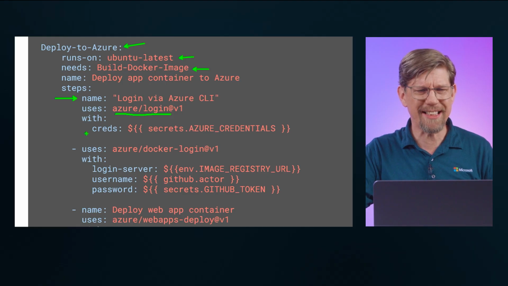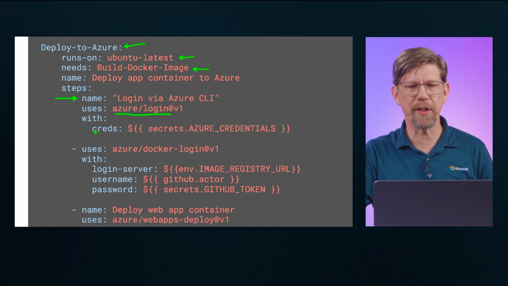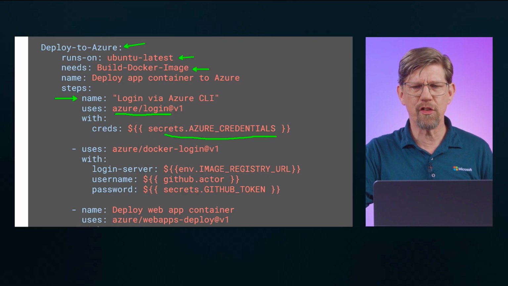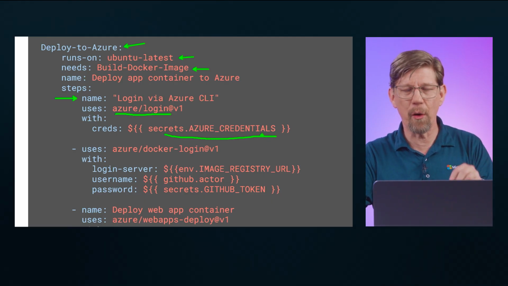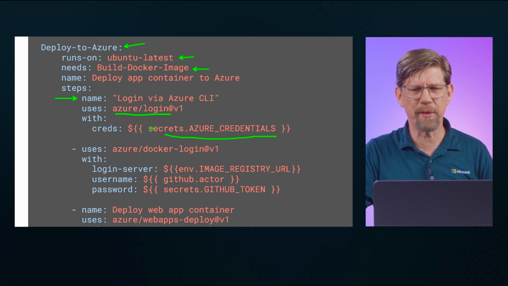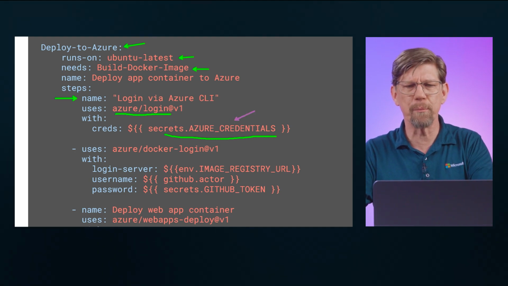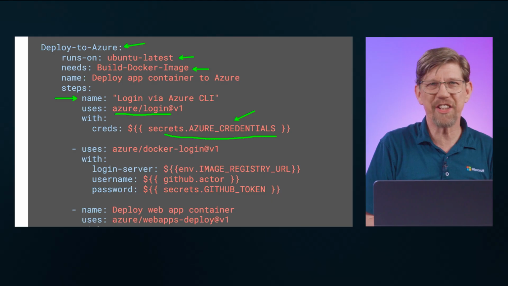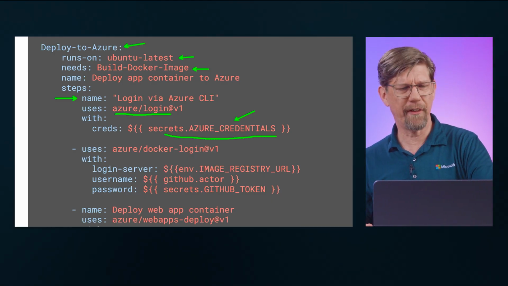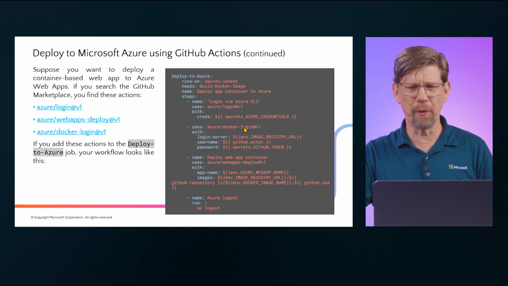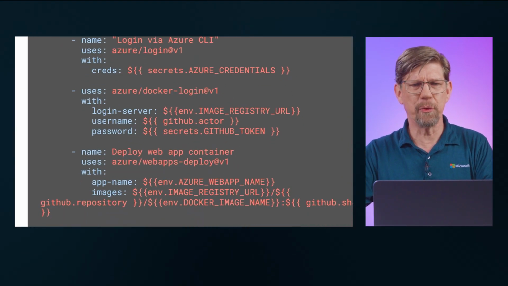So then we are passing in, you can't log in without some sort of credentials, so we're passing in some sort of credentials. We'll talk about secrets coming up momentarily, but just now know that there are secrets sitting in there. This is our own term. You will often see Azure credentials, but it's nothing magic. It's just a key name in there. So we are logging in to Azure.